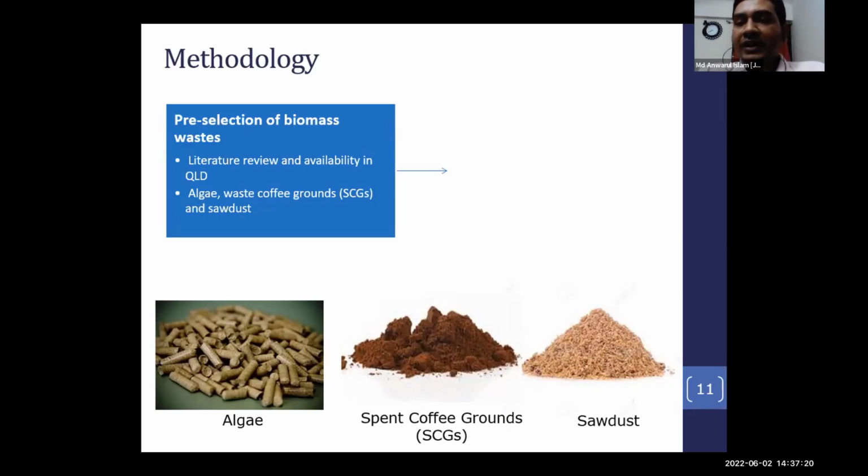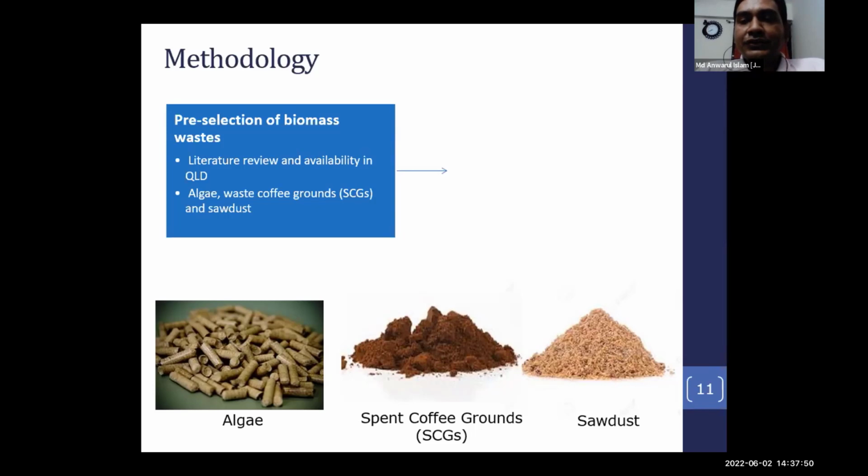Then the waste coffee ground, especially after coffee brewing or instant coffee, is waste we generate which goes straight to landfilling and creates other problems, and it has more than 1,000 different chemicals. So during biochar production, maybe some of the chemical residue can help to increase the silver adsorption process.